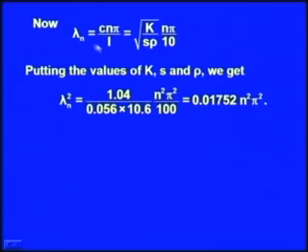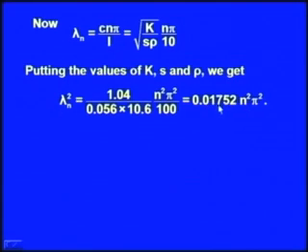In fact, lambda n square comes out to be k, that is 1.04, S 0.056, rho 10.6 into n square pi square over 100. When we evaluate this, it is 1.04 over 0.056 into 10.6 into 1 by 100, we get 0.01752 into n square pi square.